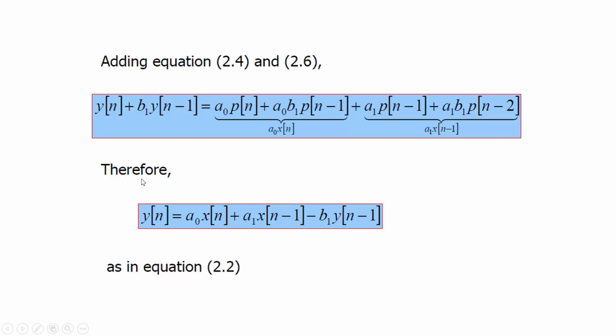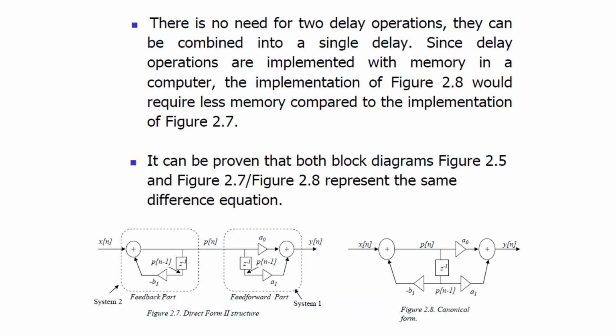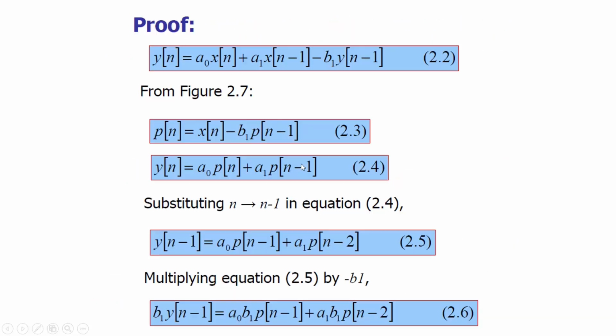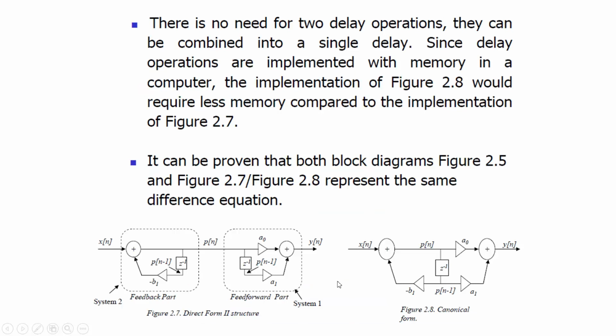So direct form 1 and direct form 2 are equivalent to each other, and the canonical structure is basically for saving hardware, where if in this example two delay elements are being used, we can do the job with one delay element, and this can be applied to larger systems also, and this will reduce the number of resources required to implement the system.